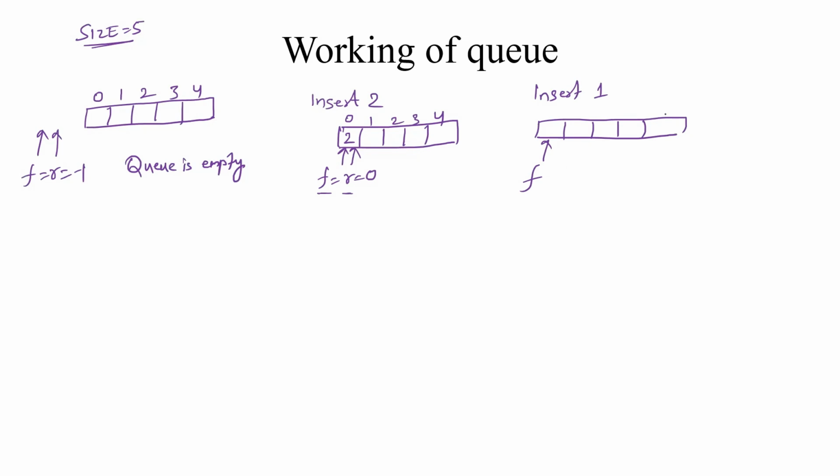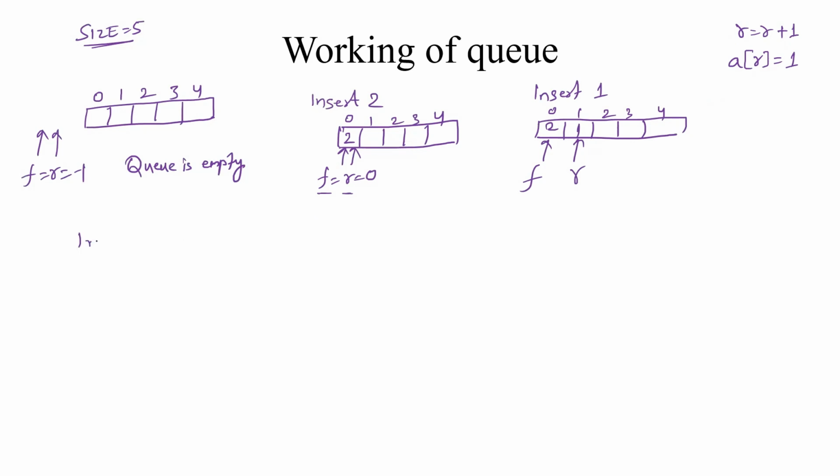Increasing rear means r equals r plus 1, and then in the array I insert a of r equals 1. So rear will come here. Rear equals rear plus 1 means rear will be 1, and the value at index 1 will finally be 1.